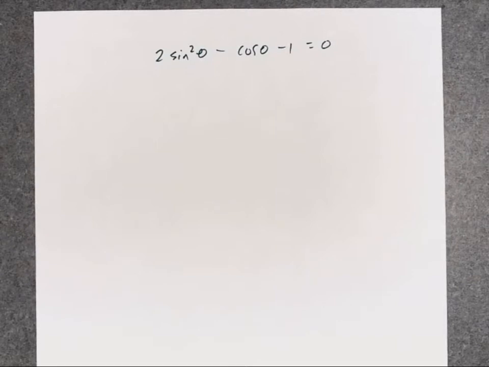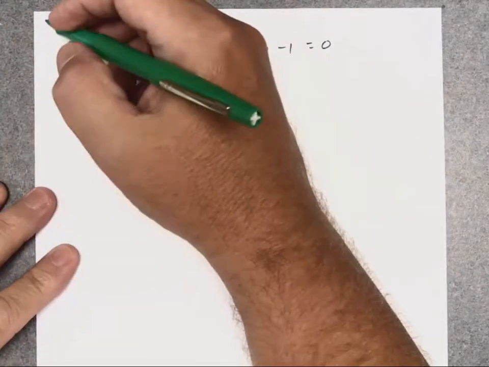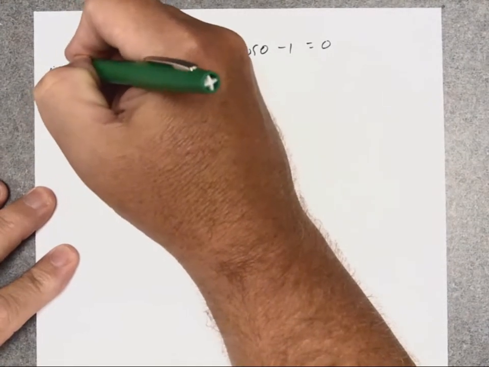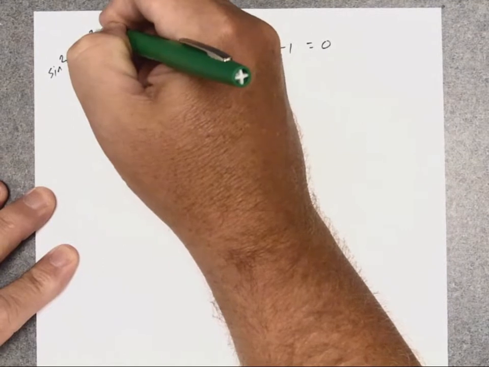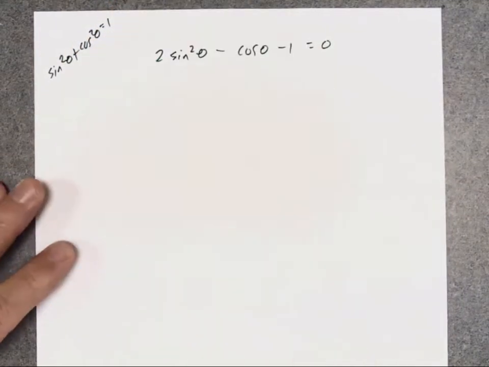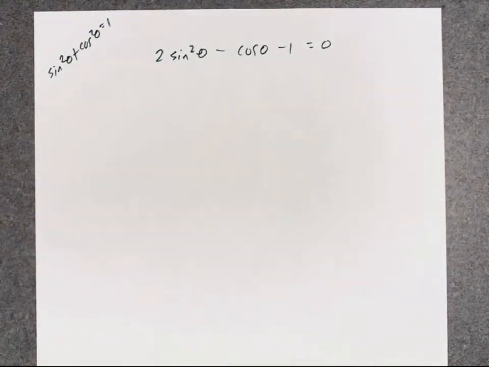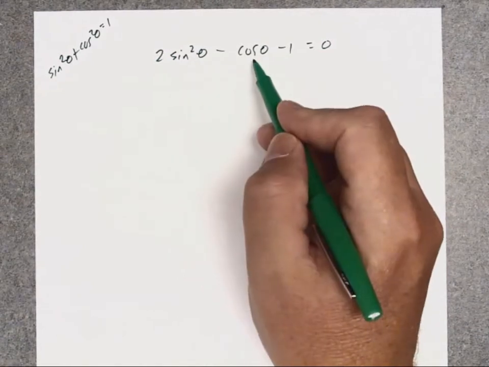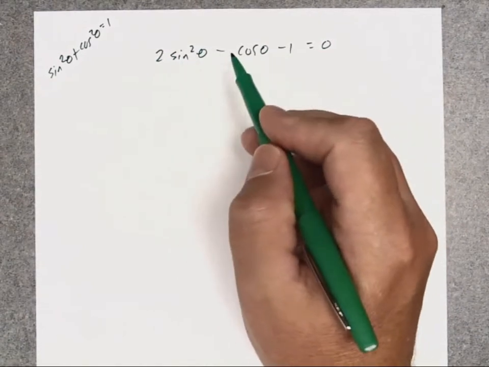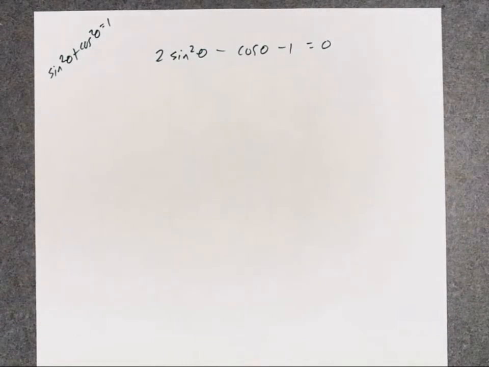Now this is one where you have to sort of remember some trig identities, and the one I'm going to use is the most commonly used trig identity. Sine squared theta plus cosine squared equals 1. See, the problem is, I've got sine here, cosine here, nothing factors, there's no common factors. I'm sort of stuck.